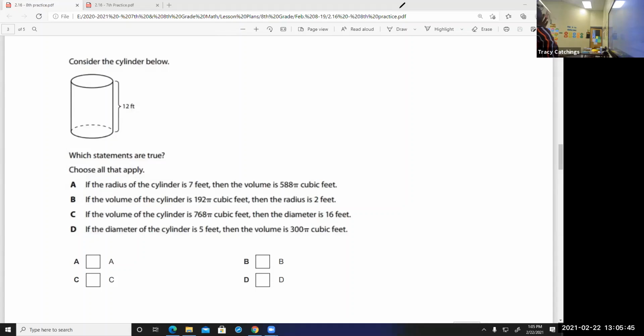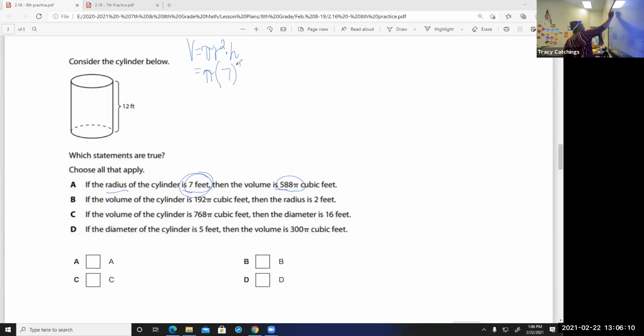All right, number 4 says consider the cylinder. They want to know which one is true. Choose all that apply. The first one says if the radius is 7 feet, then the volume is 588 pi. Let's see. My formula is pi r squared times the height. What's the radius?